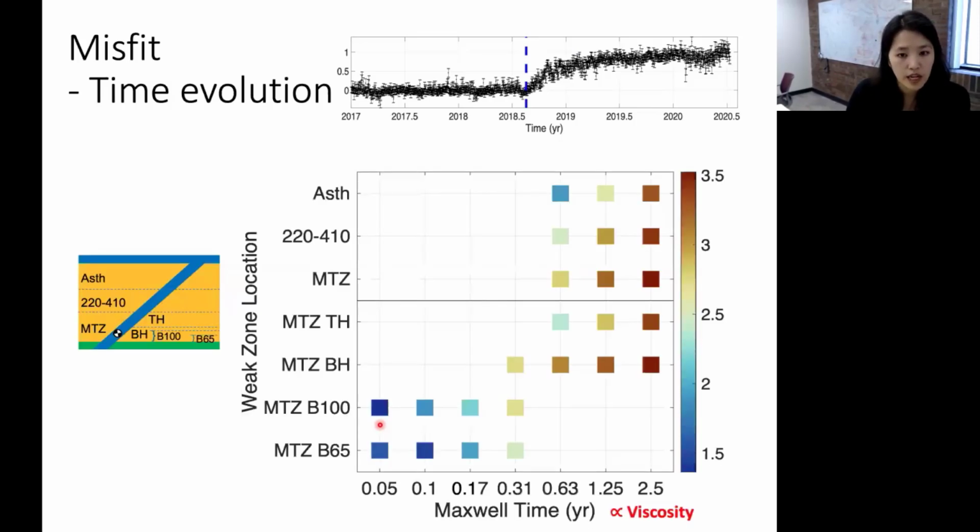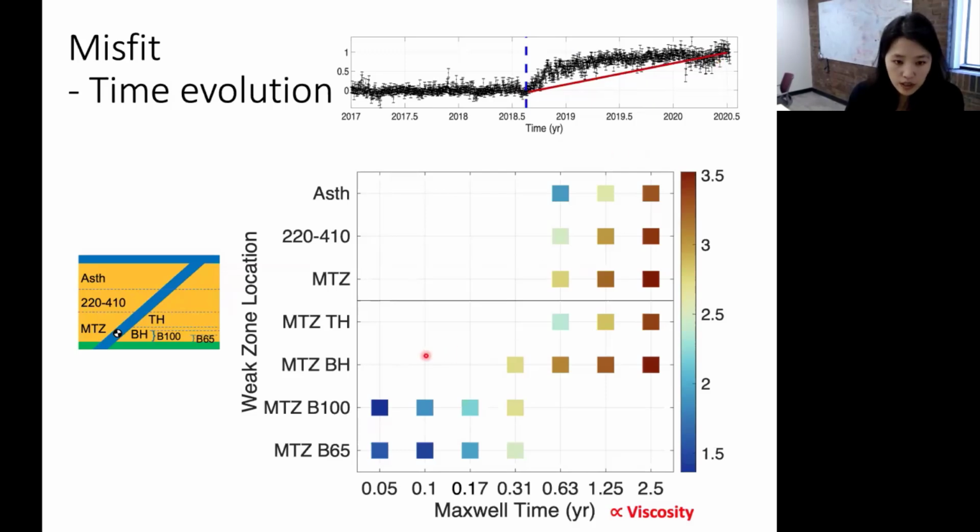So we do exactly the same thing, and this is what we get. You tend to see bad fit to the data when the viscosity is too large, and basically what's happening there is the pattern looks almost linear, not capturing this logarithmic evolution pattern.